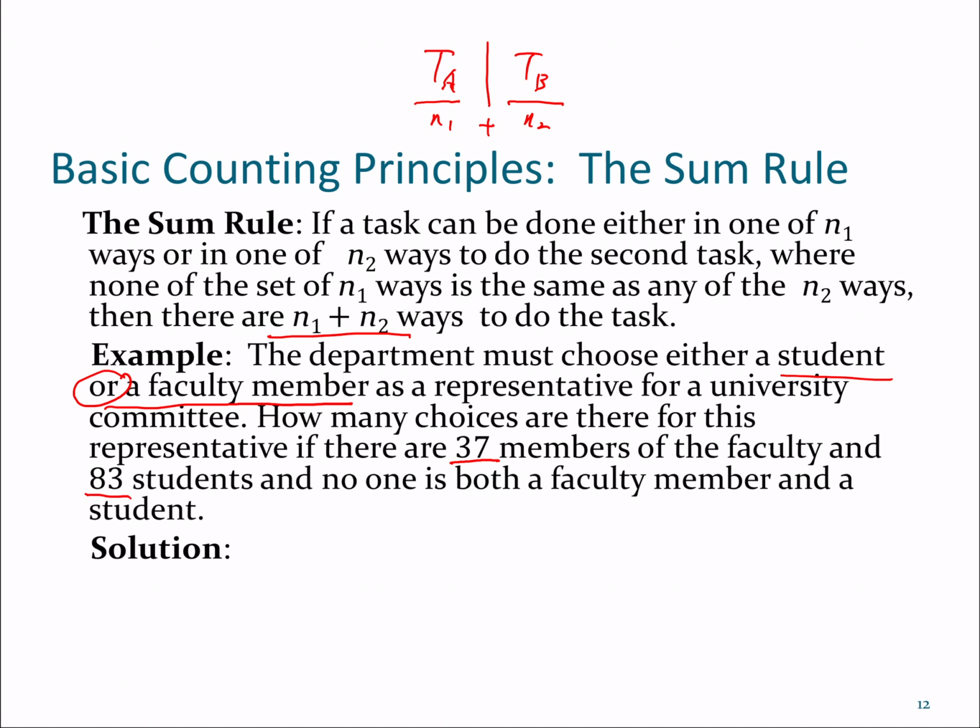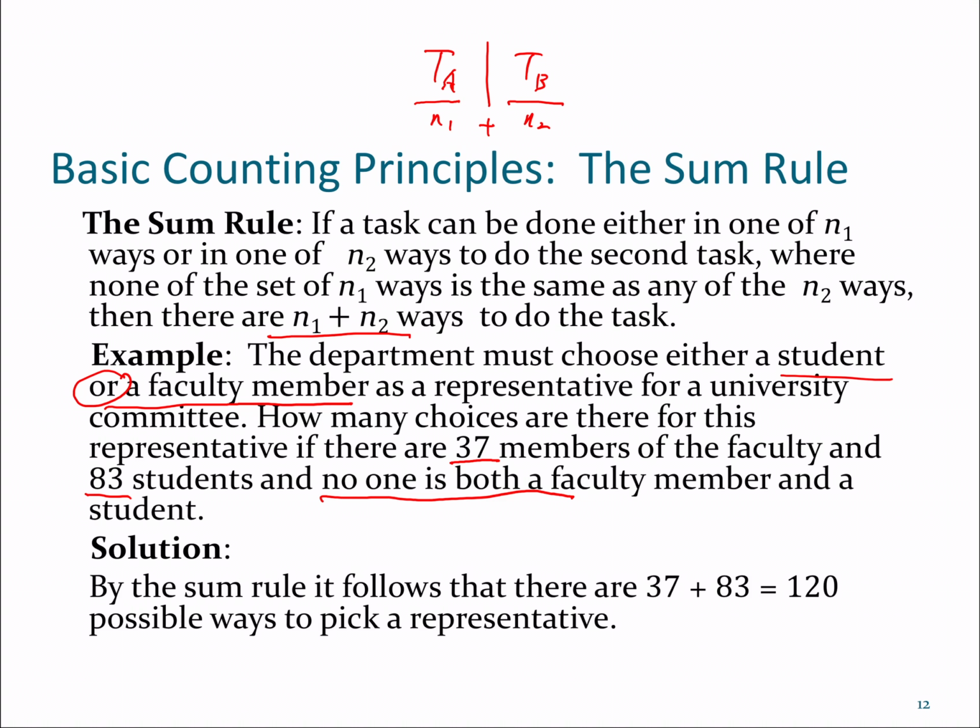We also know that no one is both a faculty member and a student. So this is using the sum rule. You can either choose a faculty member, which gives 37 choices, or a student, which gives 83 choices. So the final number of choices is 37 plus 83, which is 120 in total.